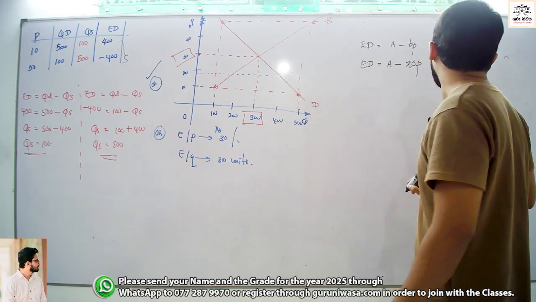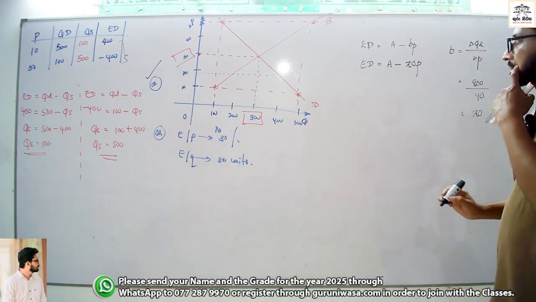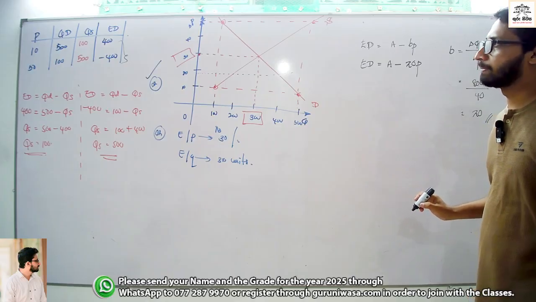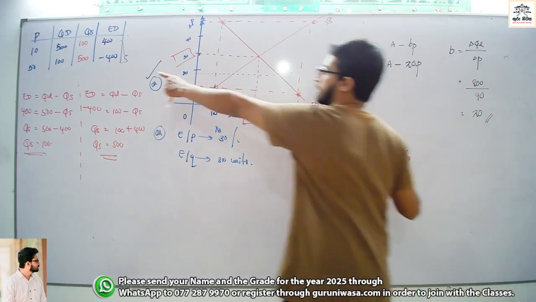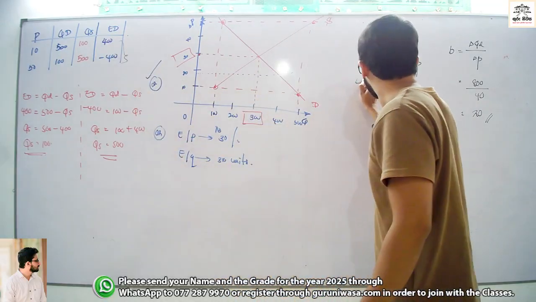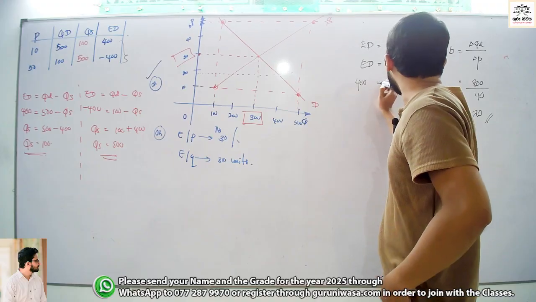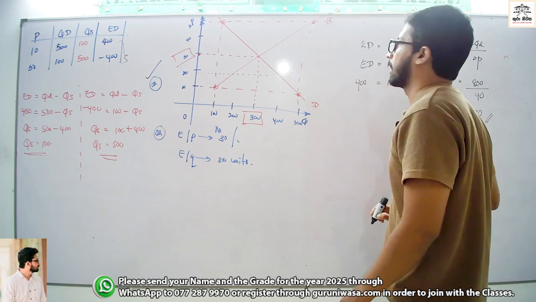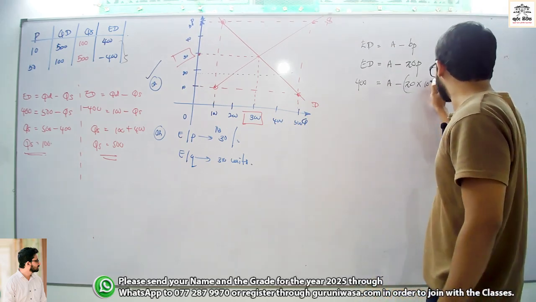Then calculate the intercept of this curve. You can substitute any point. I'll take this point. At this point, excess demand is 400 units, equal to A minus 20 times price, and the price is 10 rupees.